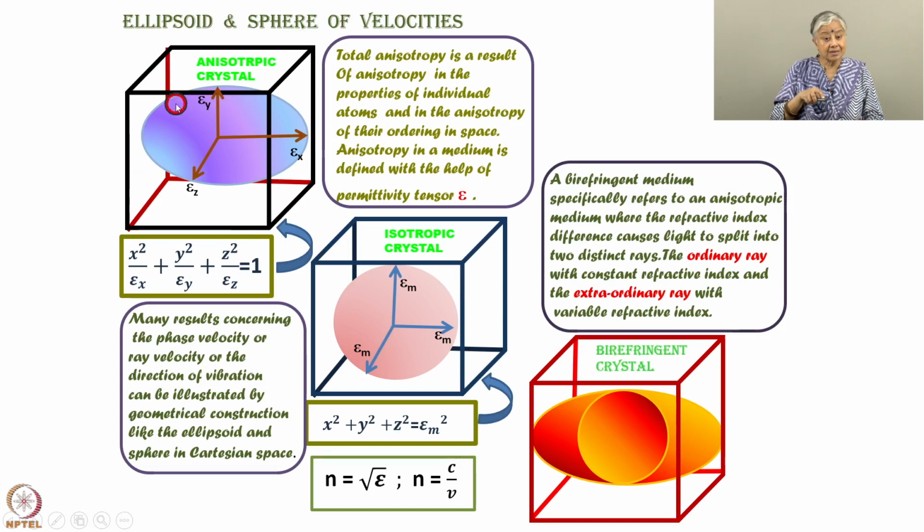And what you see inside, an ellipsoid, is the imaginary part, which does a lot of explaining. Many results concerning the phase velocity, the ray velocity or the direction of vibration can be illustrated by geometrical constructions like this ellipsoid, or a sphere, all in Cartesian coordinates for the moment.